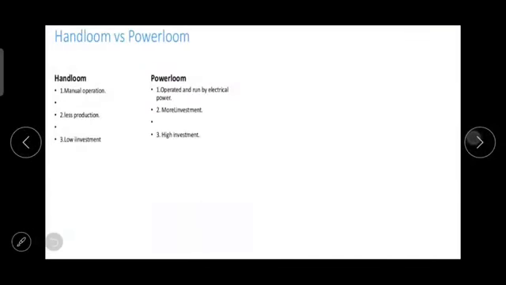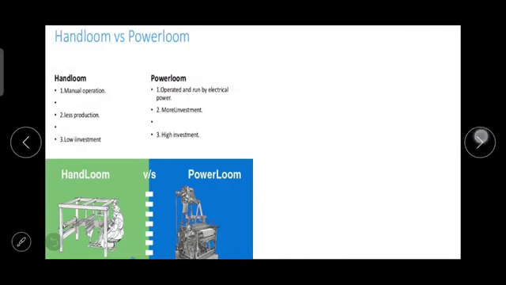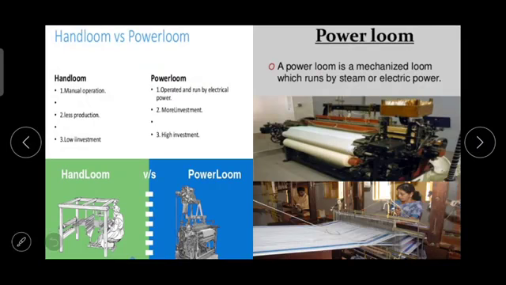Next to the textile industry, here we will try to understand the difference between the handloom and the powerloom. Handloom is a manual operation; the powerloom is operated and run by electrical power. In handloom there is less production and low investment; in powerloom there is more production and high investment.